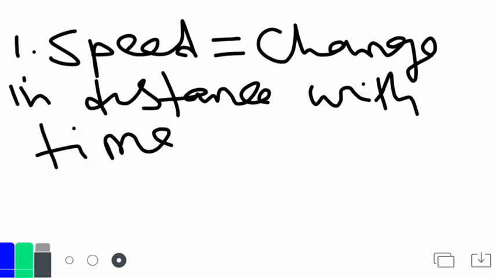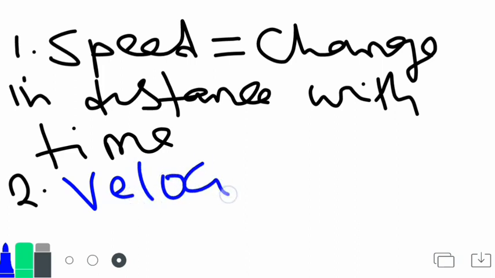And then we have something called velocity, for example. Now, what you need to understand is that velocity is the same as speed, except that velocity is a vector quantity.